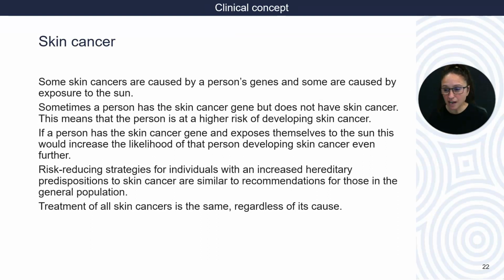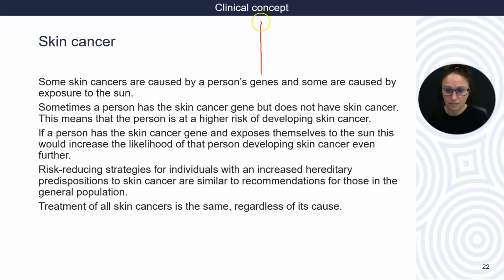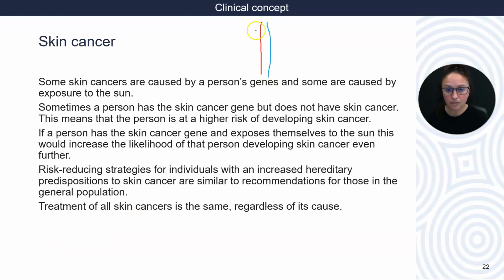Because remember, we have two versions of genes. We have the one from mum, and we have the one from dad. Okay, let's just say, for example, this is for, say, I don't know, what can we think of? Say diabetes.